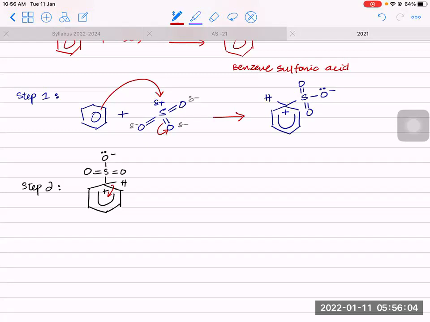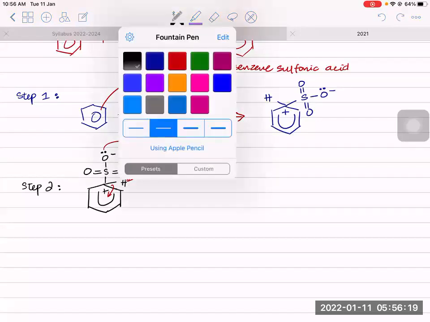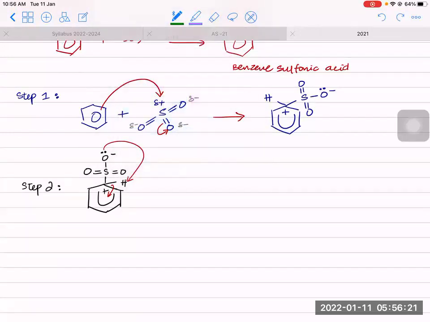And that H plus will make a dative bond with the lone pair here. And what will we get? We will get a product which will be benzene sulfonic acid. So you will have S, double bond O, OH. And this right here is benzene sulfonic acid.